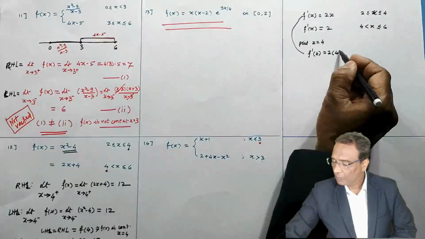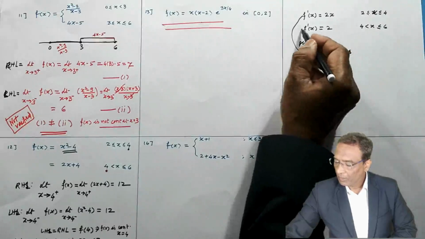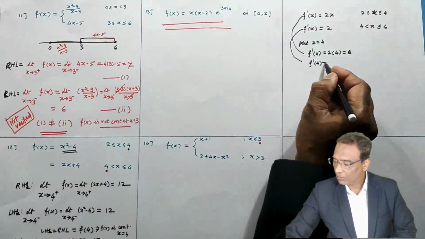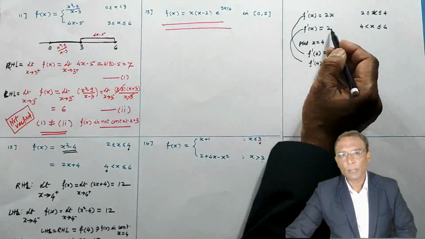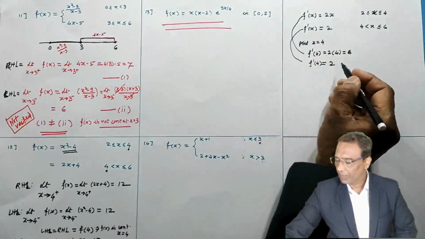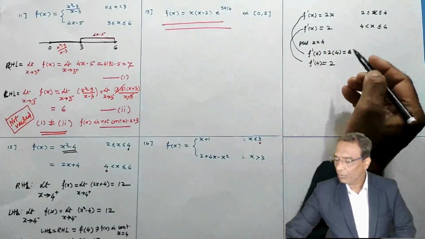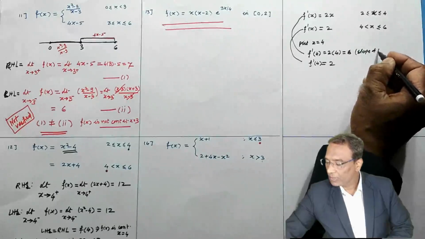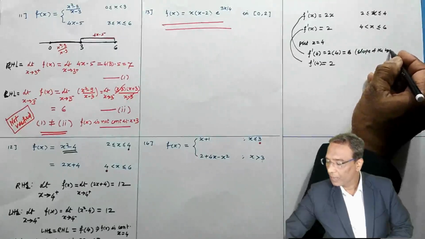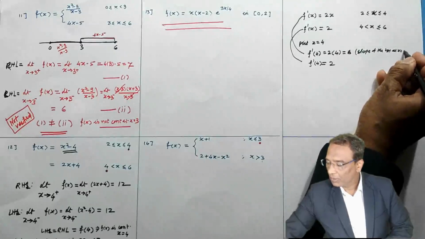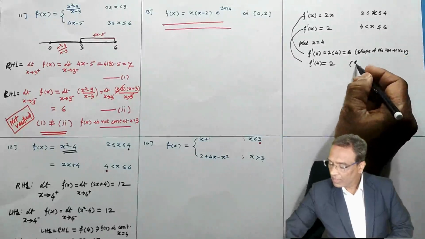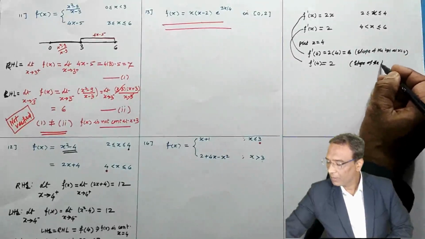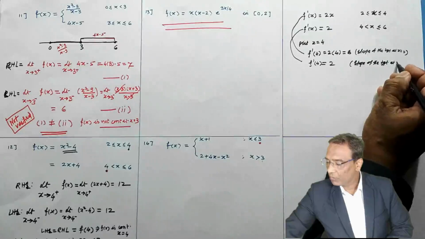Find f dash of x for x equal to 4. Put x equal to 4. Here f dash of 4 means what? It is the slope of the tangent. The derivative is the slope of the tangent at x equal to 4. And here this is again the slope of the tangent at x equal to 4, geometrically.